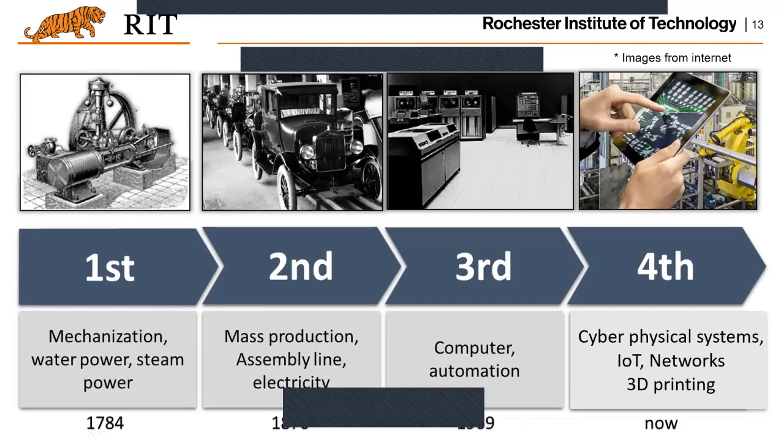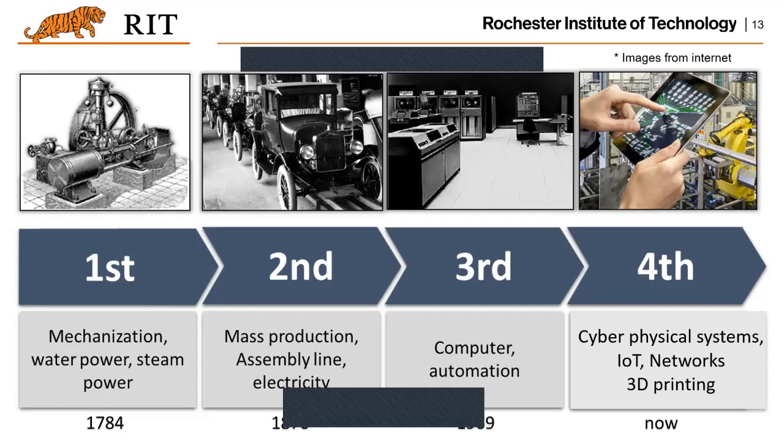So if you look at the history of industrial development, so far we have experienced 3 industrial revolutions, right? And now we are in the 4th industrial revolution with some representative technologies like cyber physical systems, industrial IoT, networks, and 3D printing.